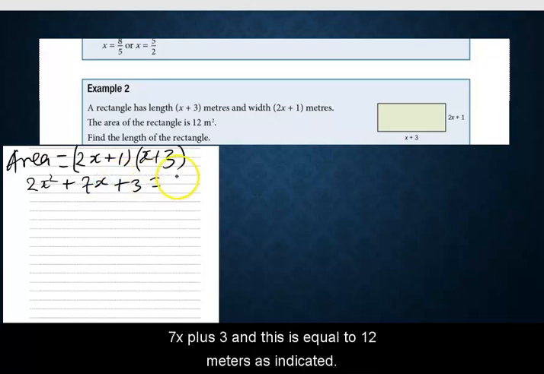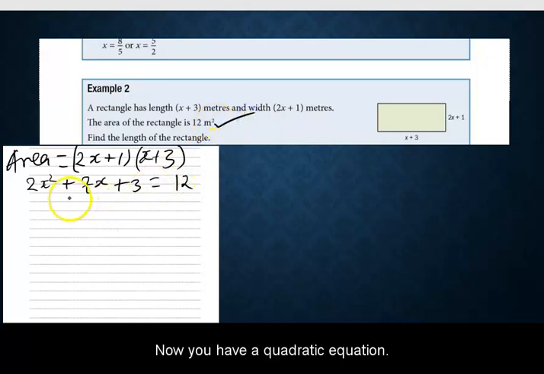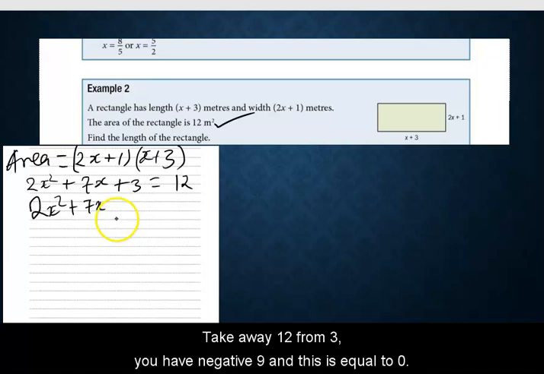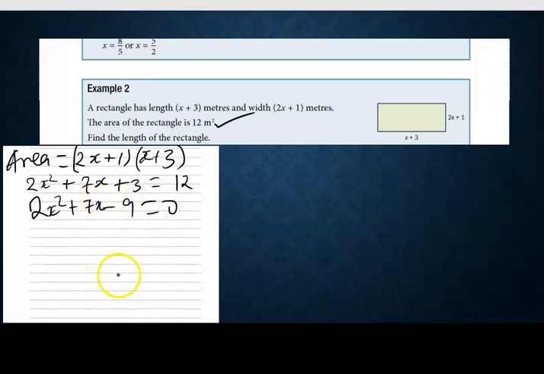And this is equal to 12 meters as indicated. Now you have a quadratic equation. Now rearrange this to be in the standard form. We have 2x squared plus 7x. Take away 12 from 3, you have negative 9. And this is equal to 0.